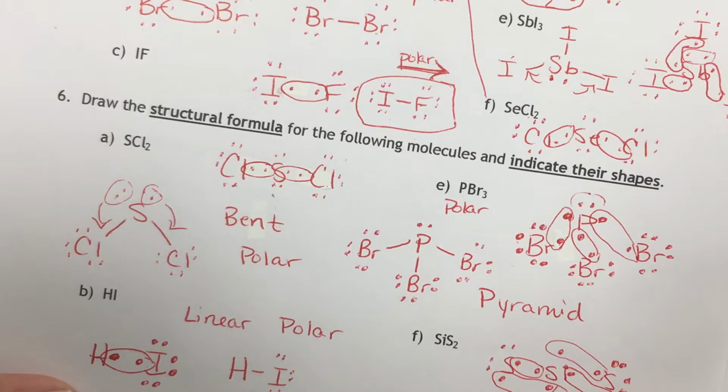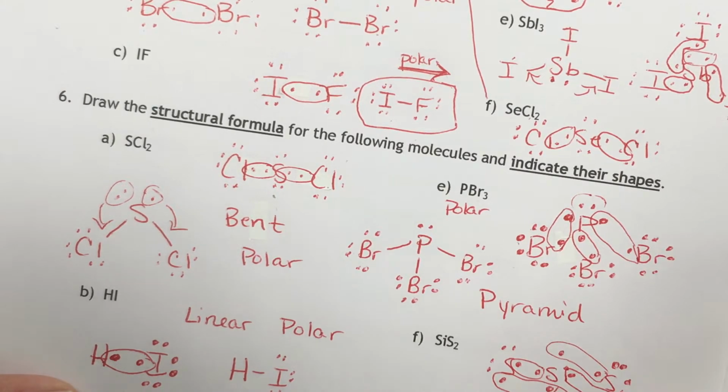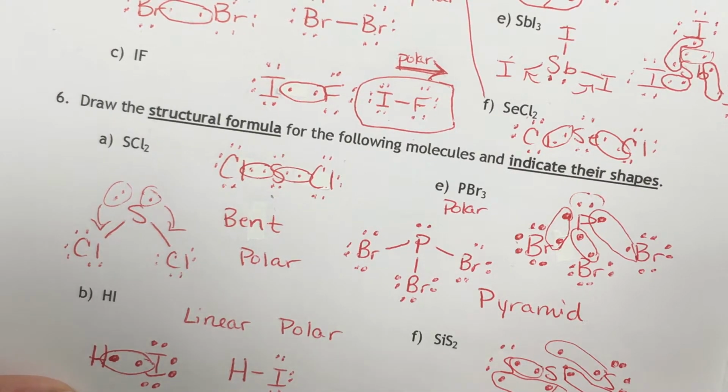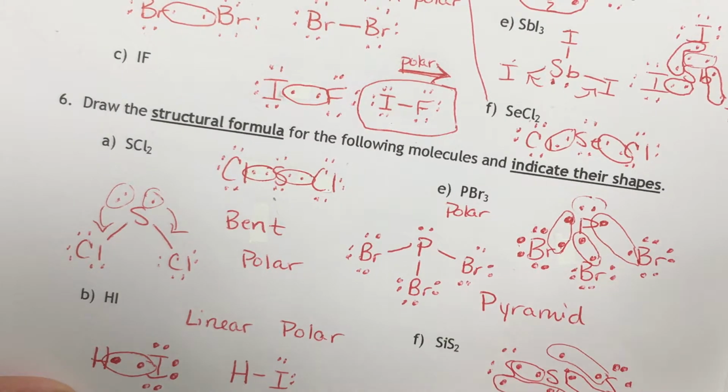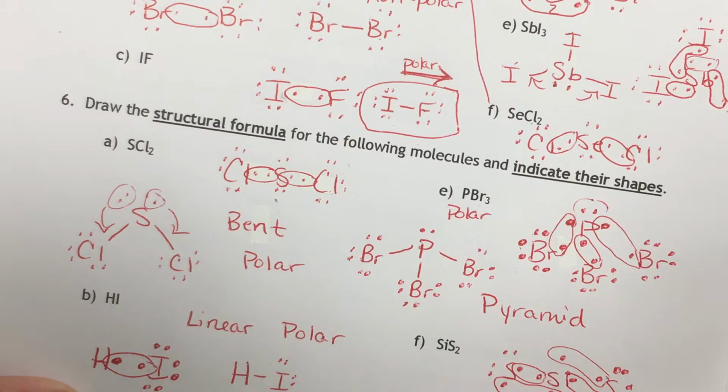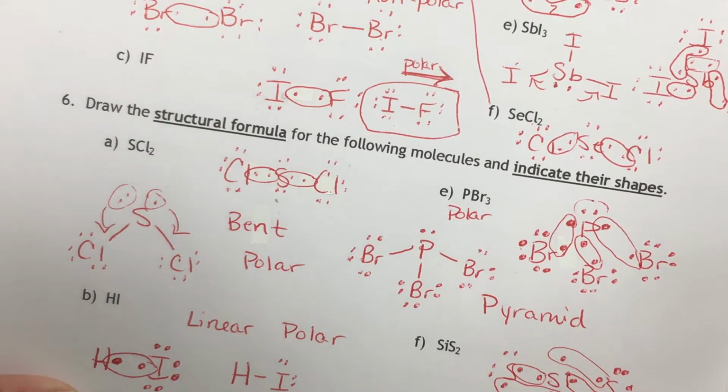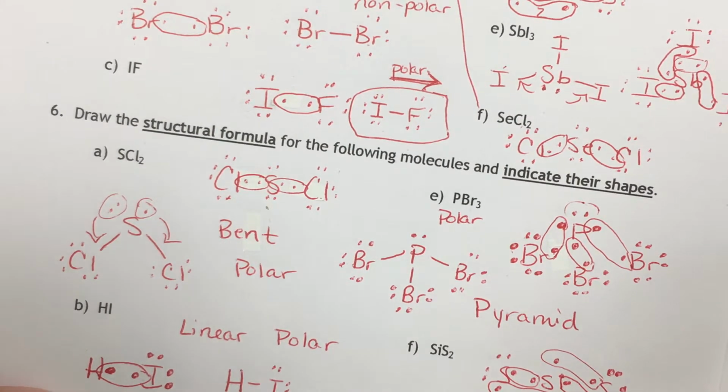So basically it'll be silicon with no valence electrons, okay? There will be double bonds on each side, so there's no valence electrons, and sulfurs on each side. So you have 2 lone pairs on these sulfurs. So the molecule will look like this, which is linear.